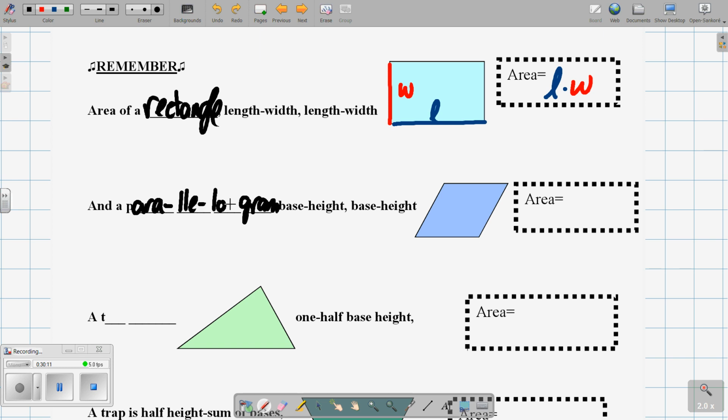A parallelogram, base times height. A triangle, one-half base times height.